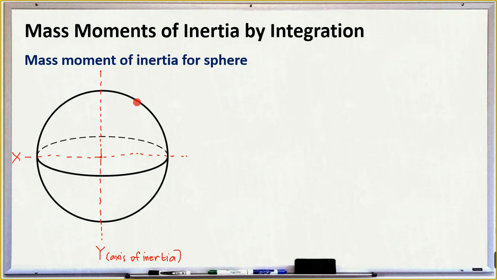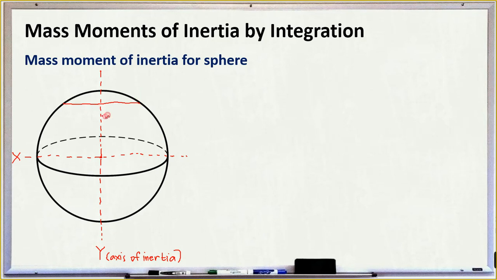Now, in a sphere, if we cut a plane that is perpendicular to the y-axis, if we cut a small width perpendicular to the y-axis, we can create a small cylinder. Say, for example, we're going to visualize that one.